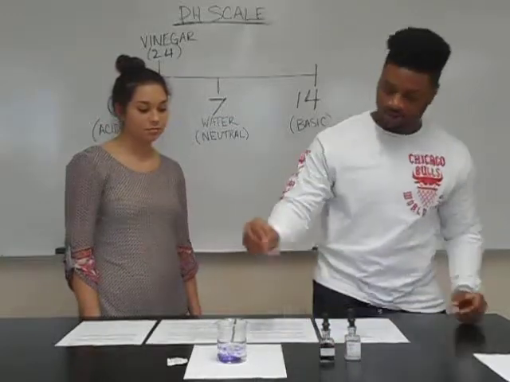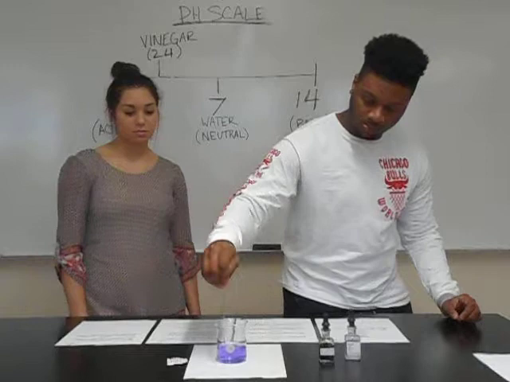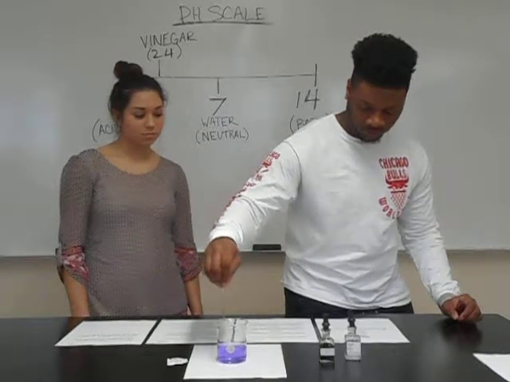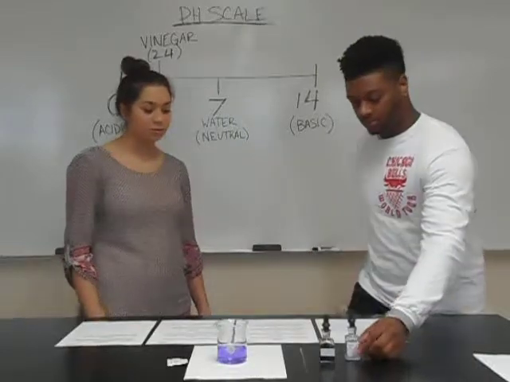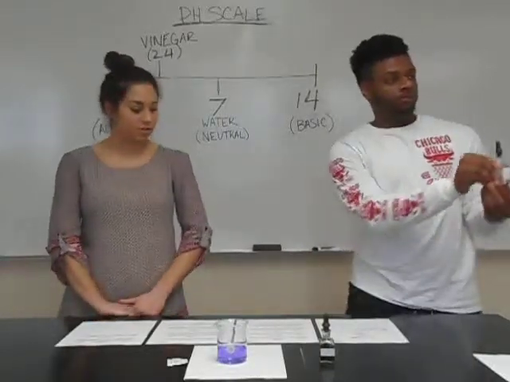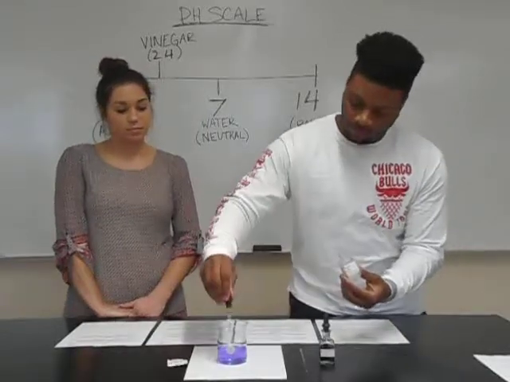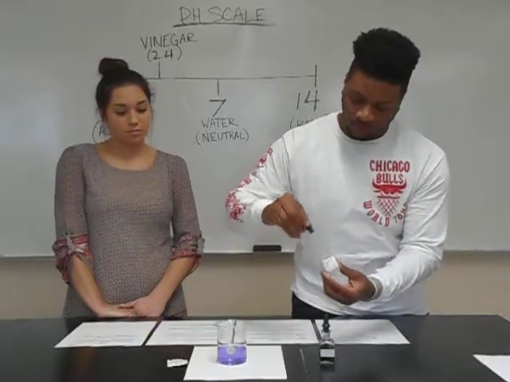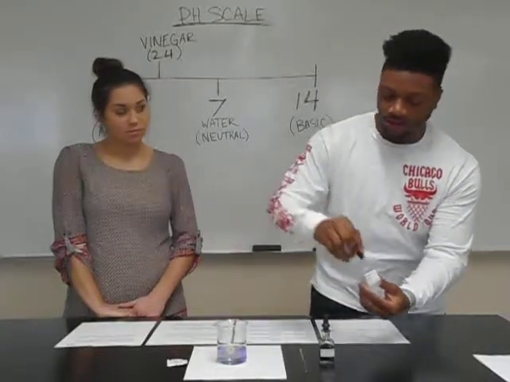I'm just going to stir this. So next we'll add a dropper full of vinegar until the water turns a yellow color. And as you notice, when we add the vinegar, it's already starting to turn yellow.